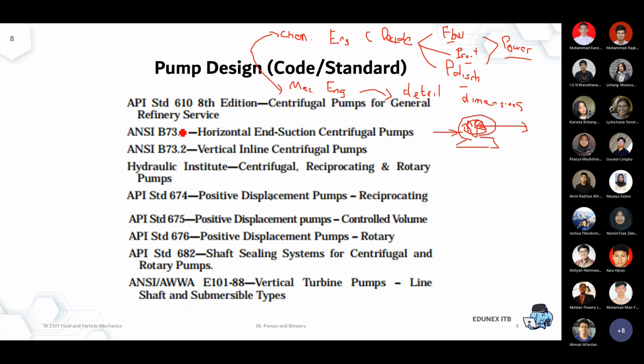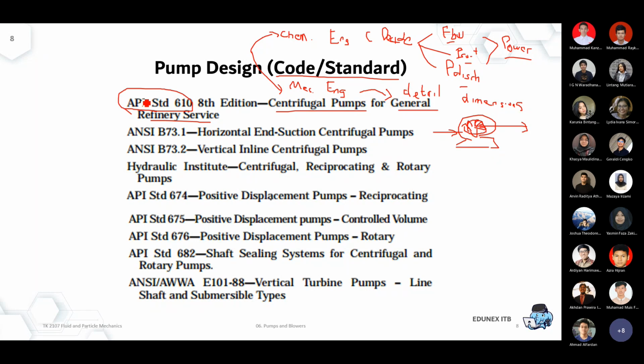So when we design a pump in a very detailed condition, there are a lot of codes and standards that are to be accepted internationally. So when we say that we want a centrifugal pump for generic refinery service, a petroleum pump, and it's already designed using, for example, API 610, it's accepted everywhere in the world.